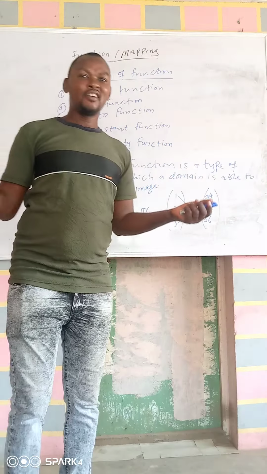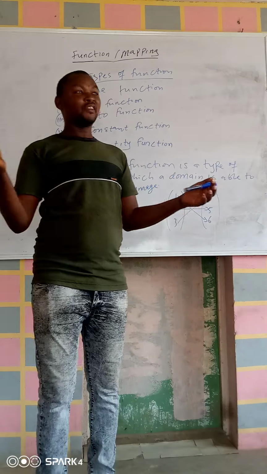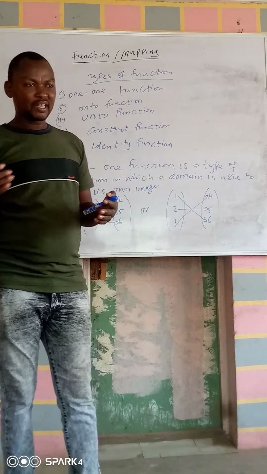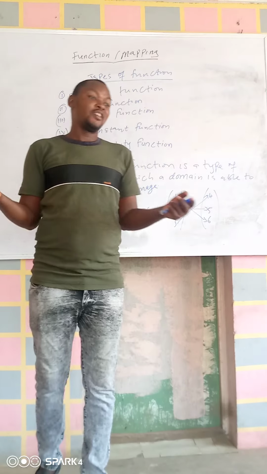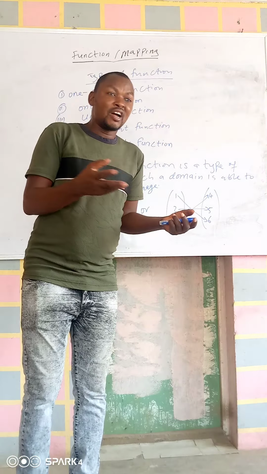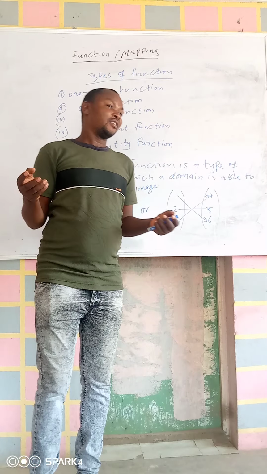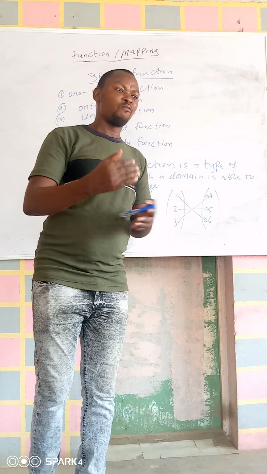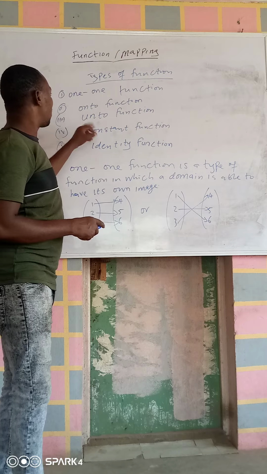It's just that we have plenty of cars, then you see different drivers driving them. By the time they want to move on, each driver just drives his car. So that's what we call one-one. We can also have an onto function.